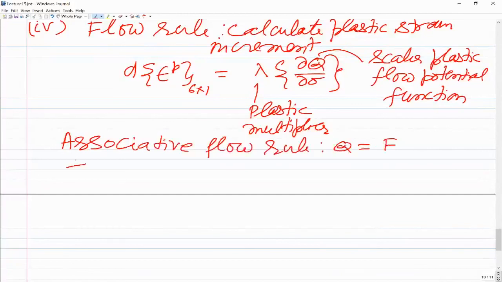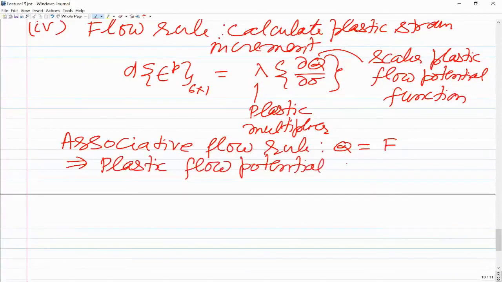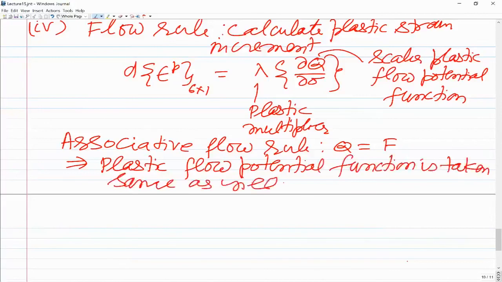So the plastic flow potential function is taken the same as the yield function. These are the concepts which you need to understand to solve plasticity problems.